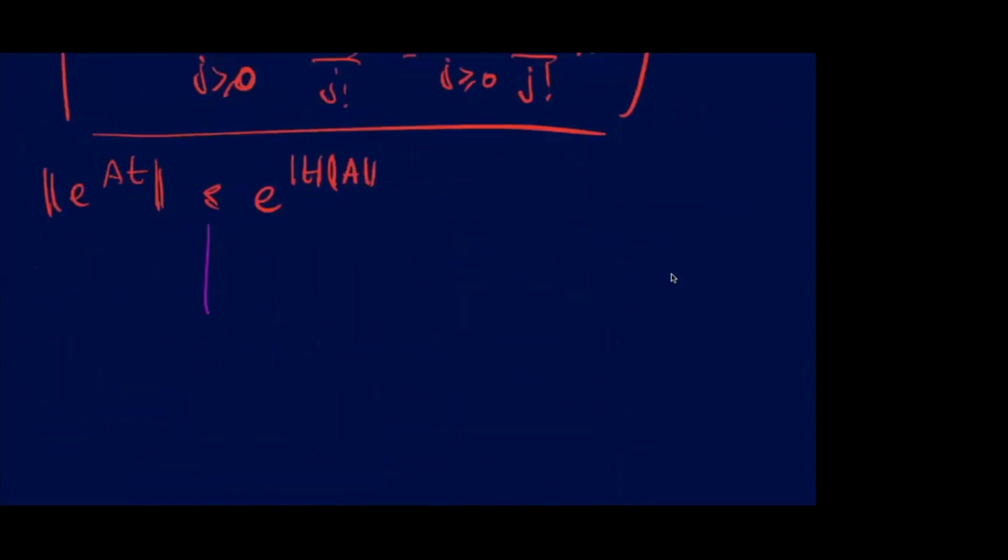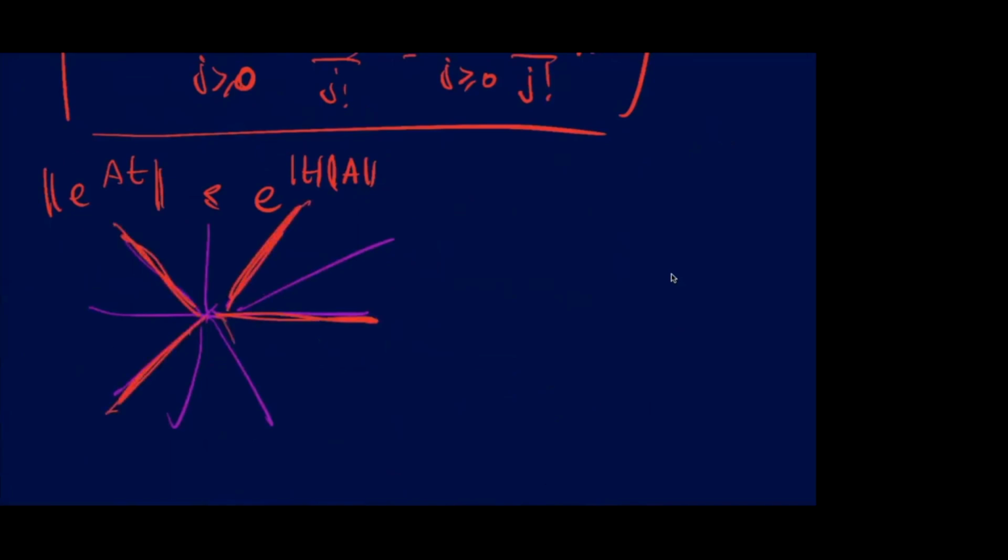So it could be that out of your infinite dimensional space, you can only control the red components, right? But not the others, right? Not the yellow ones, right?